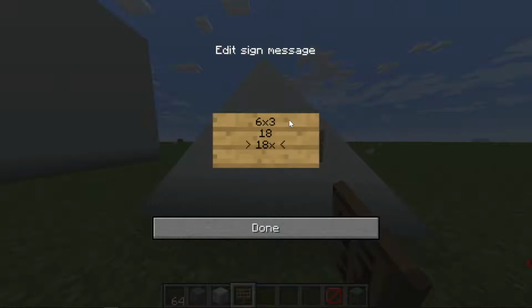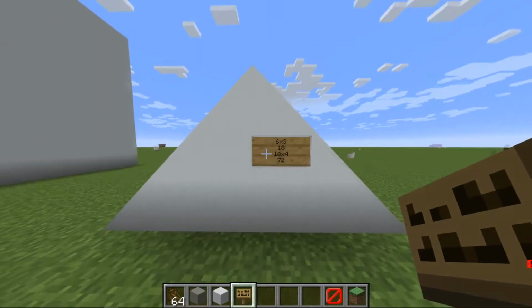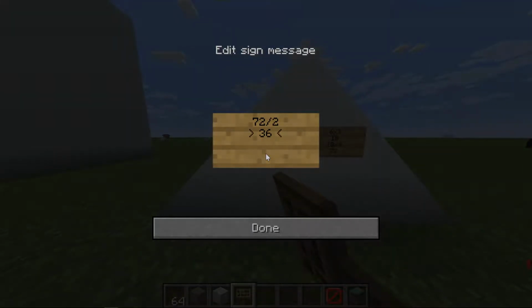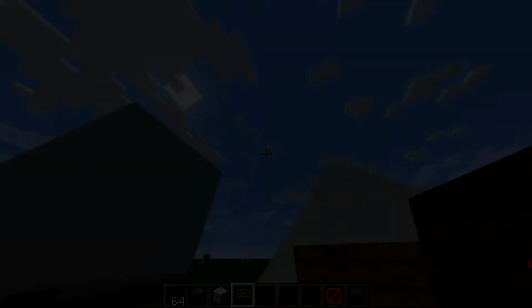So 6 times 3 is 18, and then you multiply it by 4 and get 72. And then, because it's a triangle, we are going to divide 72 by 2 and get a total of 36.